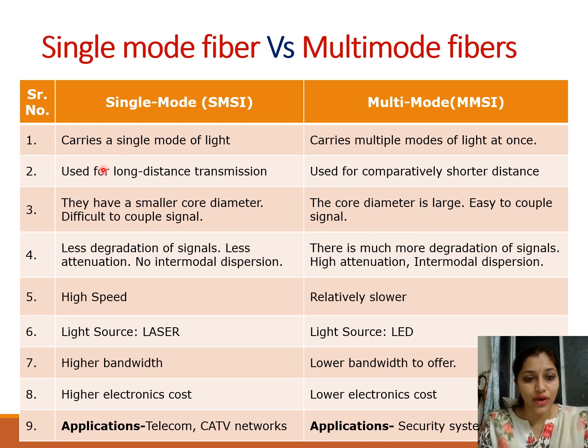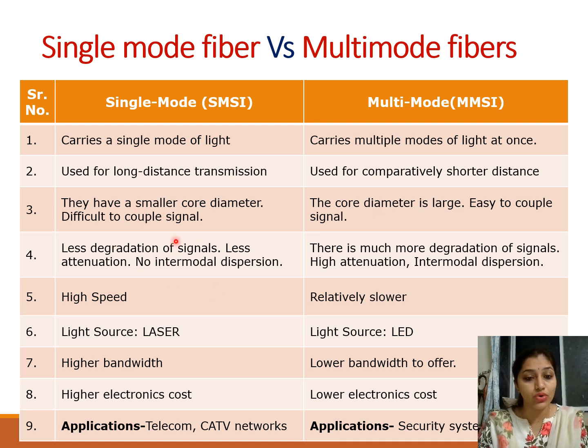So single mode fiber carries single mode of light or single wavelength. Multi mode fiber carries multiple modes of light. Single mode fibers are used for long distance transmission because losses are less, so signal can travel longer distance. Whereas multi mode fibers are used for comparatively shorter distance.